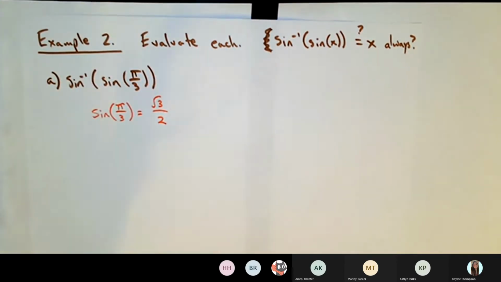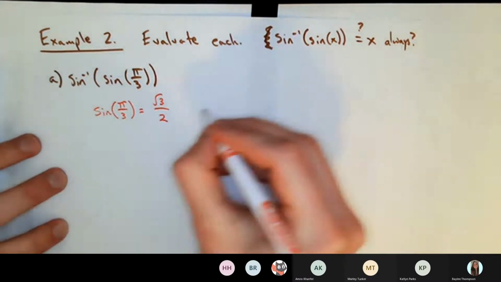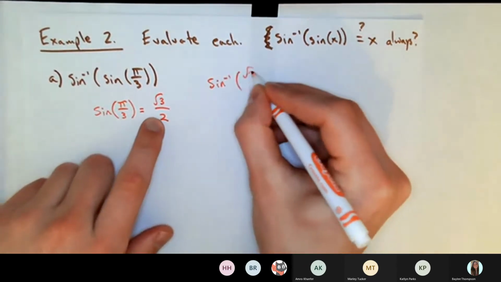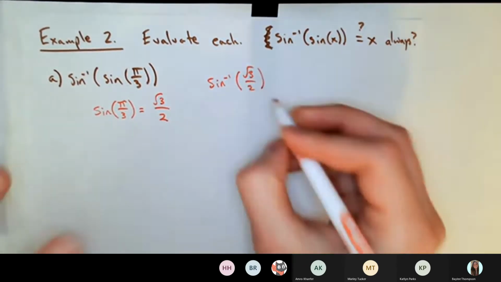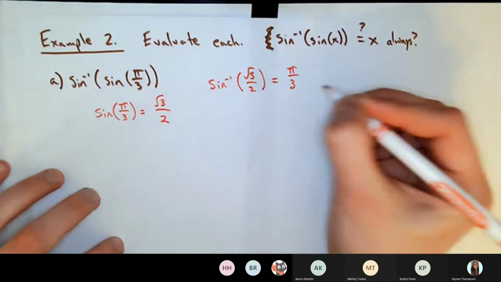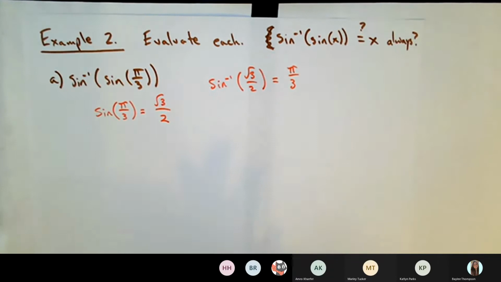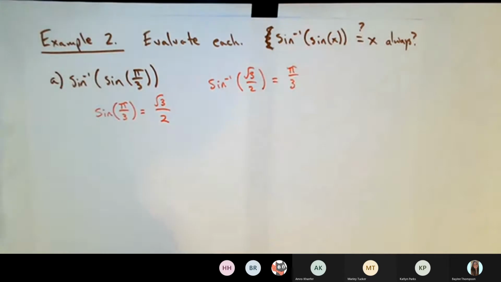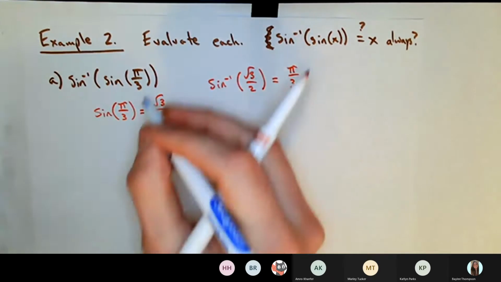Tall side is square root of 3 for the pi on 3 angle. And then what's sine inverse of the square root of 3 over 2? We already did that, but long story short, you're getting pi on 3. So this one does obey the rule. They do just cancel each other out, and you do end up just getting the pi on 3 out.